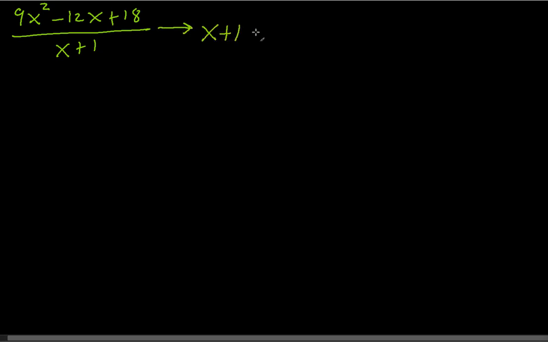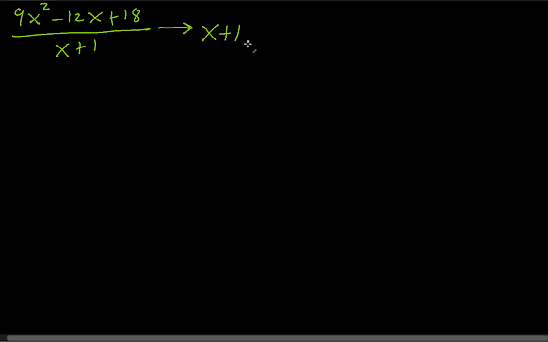Let's try another one. Something like 9x squared minus 12x plus 18 over x plus 1. Again, if you could, you would factor out x plus 1 out of the numerator, and then you would simply be able to cancel x plus 1, but I wager that you won't be able to do that.